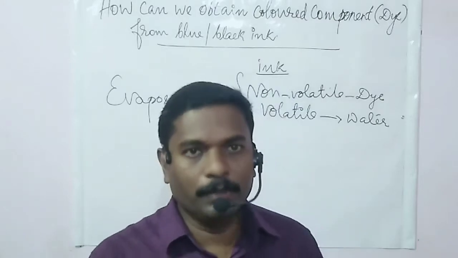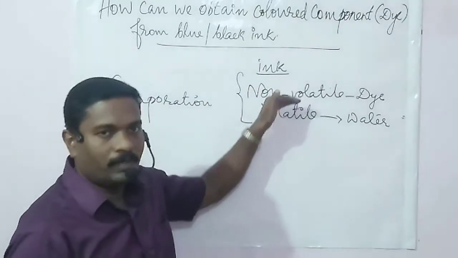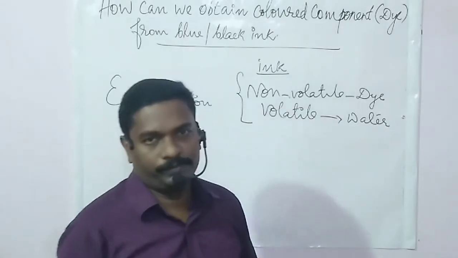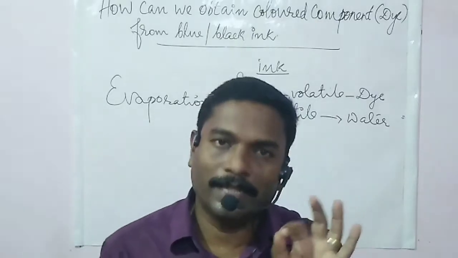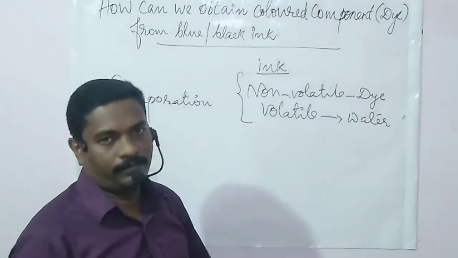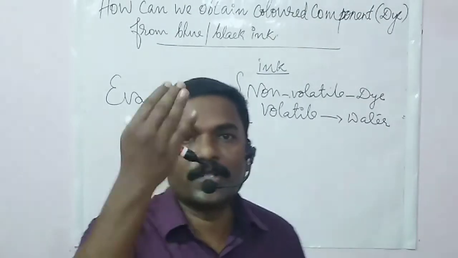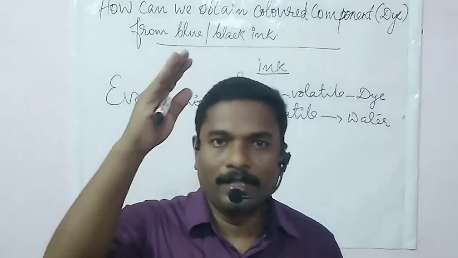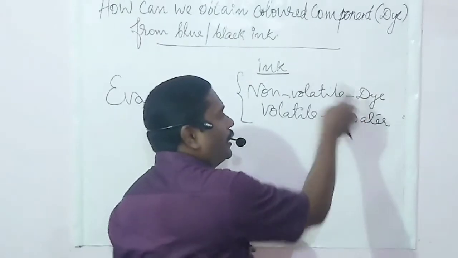Evaporation is used to separate a non-volatile component from a volatile component. So, the residue left here is the dye because it is non-volatile in nature. Since water is volatile, it will evaporate. So, water will go and the residue here is the dye.